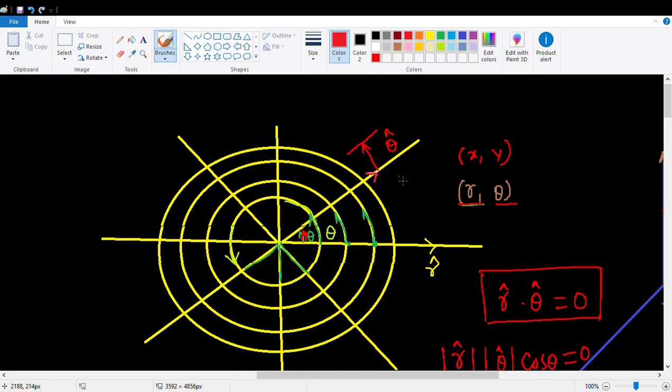The change in r hat with respect to angle is going to give me the theta hat, because r hat can be this vector. I want to see the change in this vector with respect to angle. The angle can be changed like this, so this vector changes similar to this one, and now the vector is produced like this. So this vector is parallel to theta hat, and is going to give me theta hat.